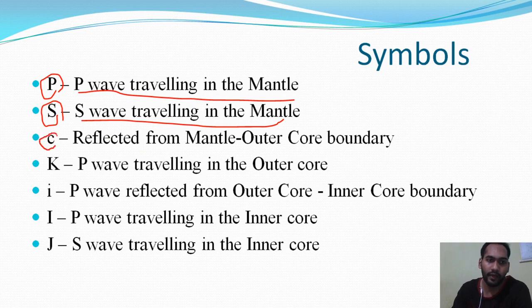Then small c. What is small c? When reflected from the mantle outer core boundary, that may be either P or S. For both P wave and S wave which are reflected from the mantle outer core boundary, we will name it with small c, right?